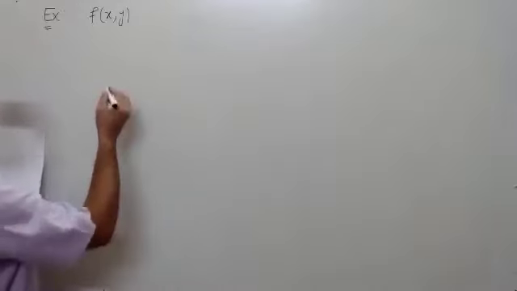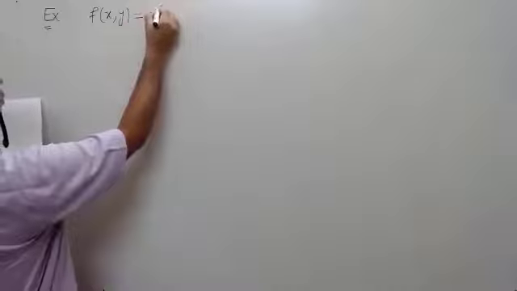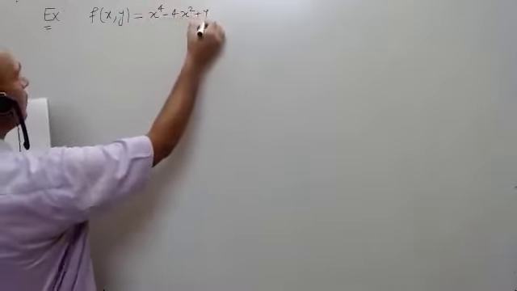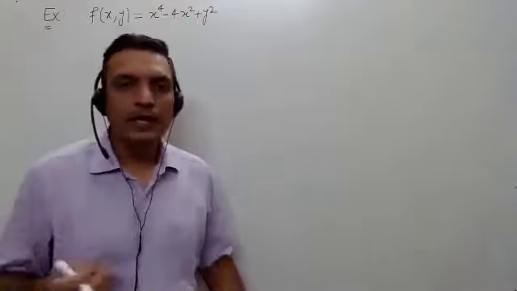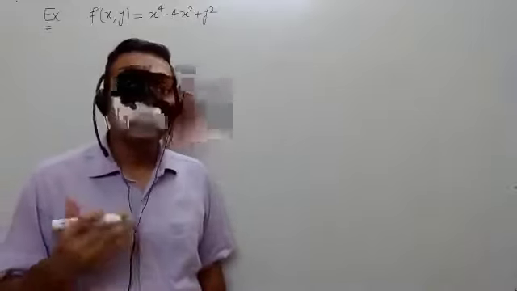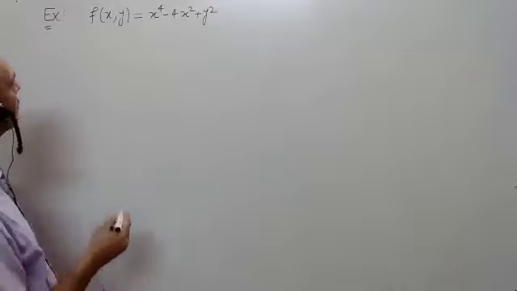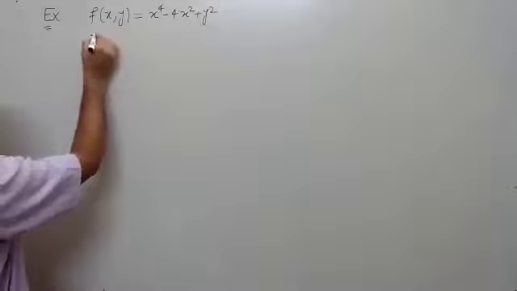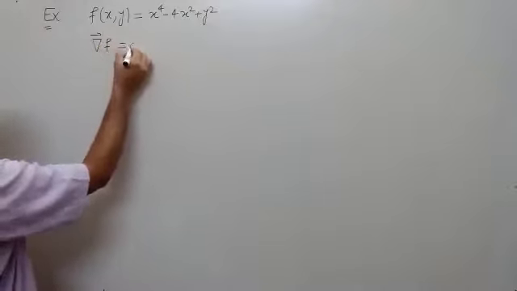So in this example, function f is given, that is x power 4 minus 4x square plus y square. First you have to find the points where you will get maxima, minima or saddle point, and then you have to check at that point. Have you tried this question? So you have to equate gradient f to be 0.